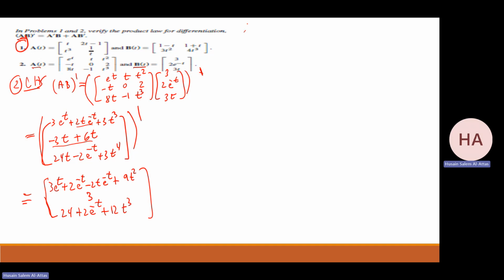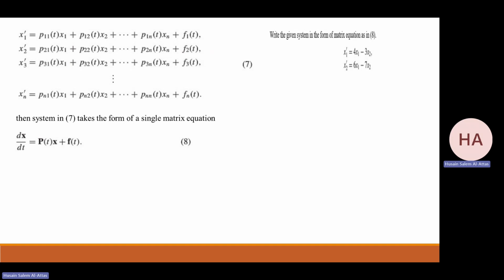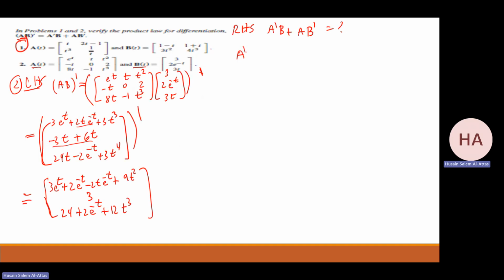Okay, now do the other one, right-hand side, which is A prime B plus A B prime. That is equal to what? Oops. So I'll find A prime B. Let me do it in steps. A prime B is what? Did I find A prime? No, not yet. Let me find A prime.